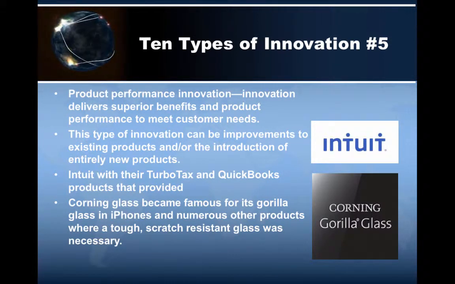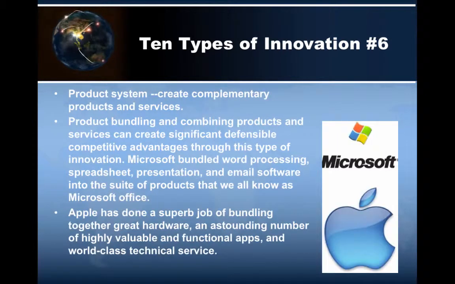In an earlier podcast, you heard about how Intuit, with their TurboTax and QuickBooks products, provided examples of product performance innovation. Corning Glass did this with its now very famous Gorilla Glass, made famous by the iPhones, and now numerous other products, a tough, scratch-resistant glass, and they used product performance innovation to develop competitive advantages and a very nice business.